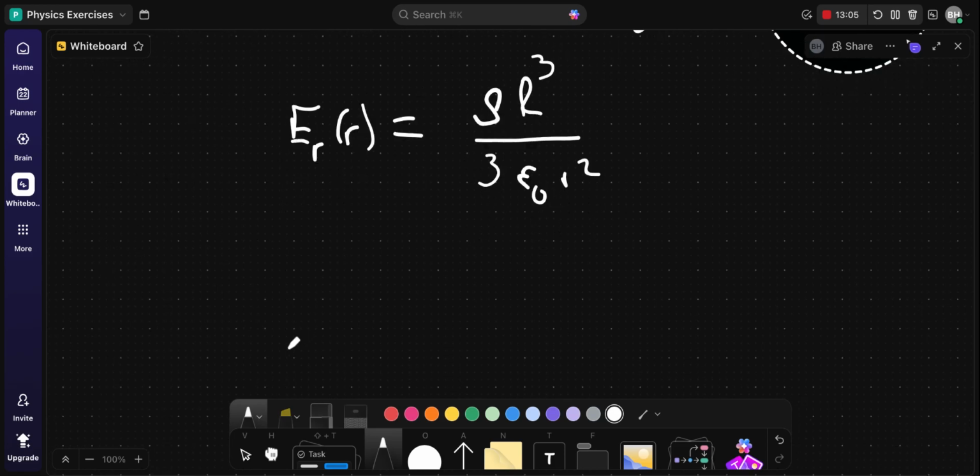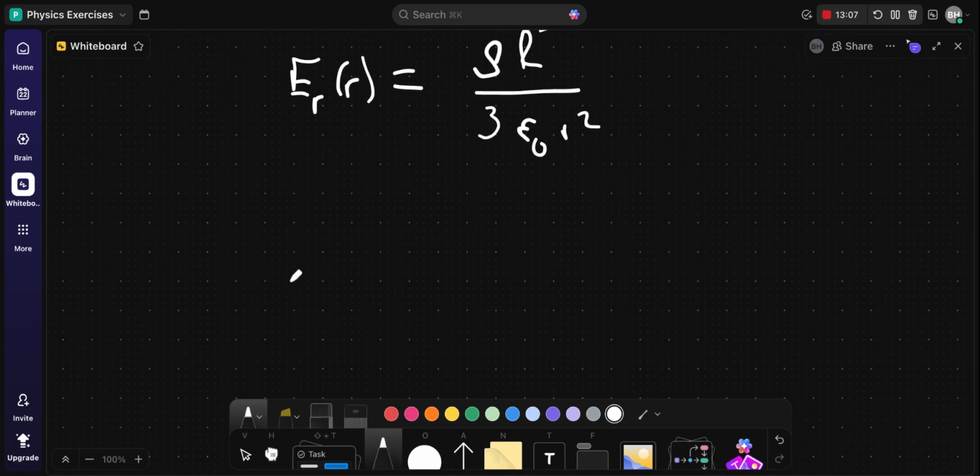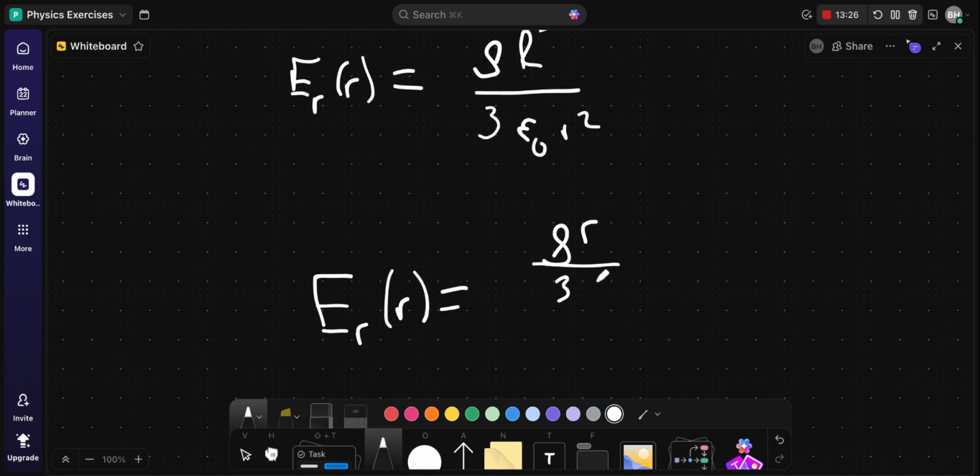Let's put these two results together and do a little bit of investigation. So we have E_r, and we have two formulas. One is rho r divided by 3 epsilon 0, and this was valid if r was within the sphere.